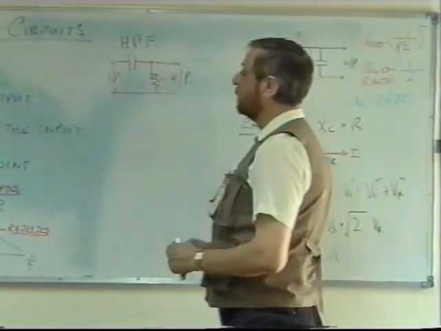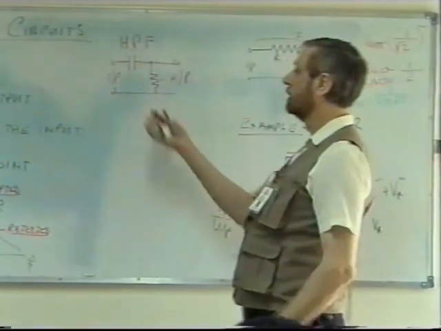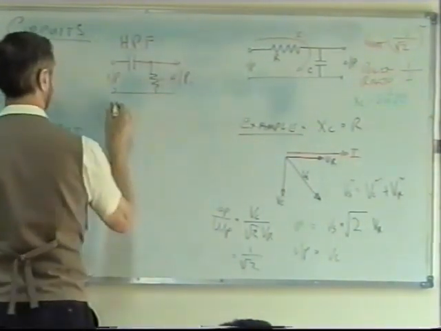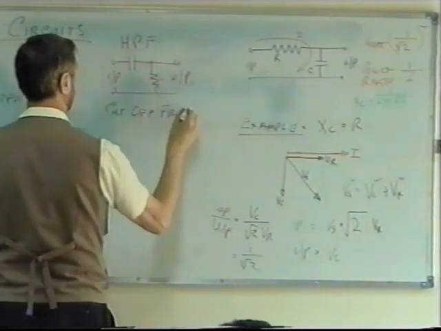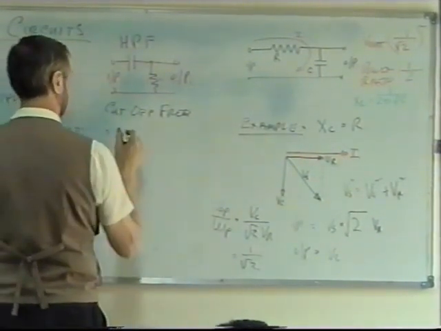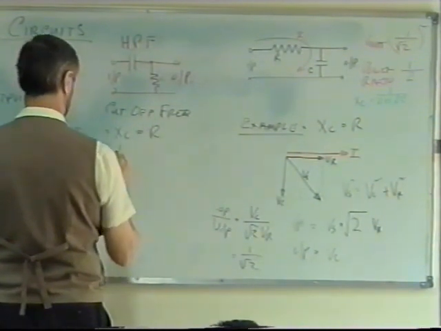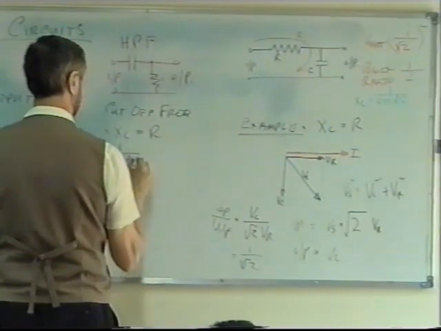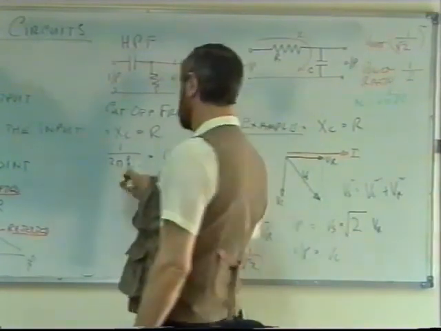But we can always calculate, if necessary, what the cutoff frequency is, simply by knowing what the value of C and R is. The cutoff frequency is when XC is equal to R. We must know the value of C. So what we're saying is 1 over 2 pi fC is equal to R, and what I want to find out is F, the cutoff frequency.